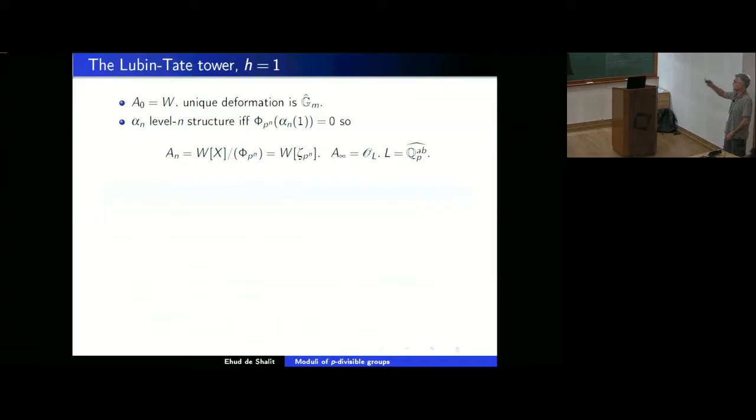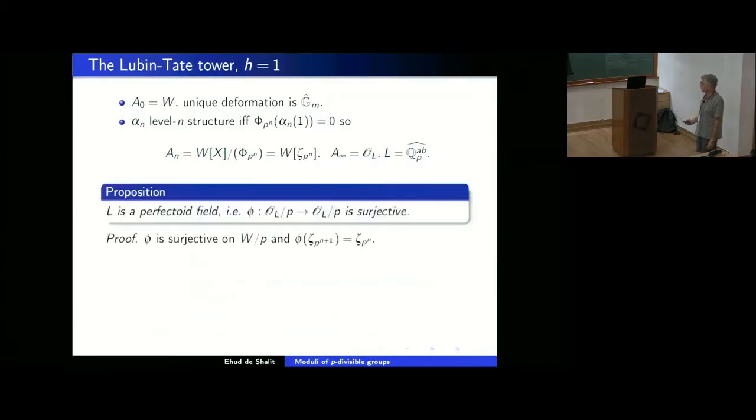And by the Kronecker-Weber theorem, when you go all the way up and you complete, you simply get the completion of your maximal abelian extension of Q_p. As we have seen with Q_p adjoin all p^n-th roots of unity, all the more so it's true in this case.